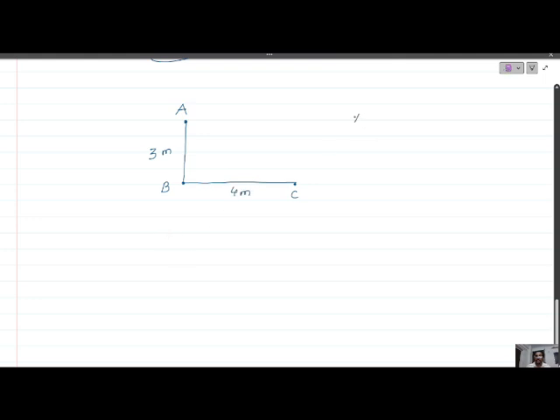So the question is, what is the distance and what is the displacement? Distance, remember, is the total path length. That means from A to B plus from B to C. A to B is 3 meters, B to C is 4 meters, that makes it 7 meters.